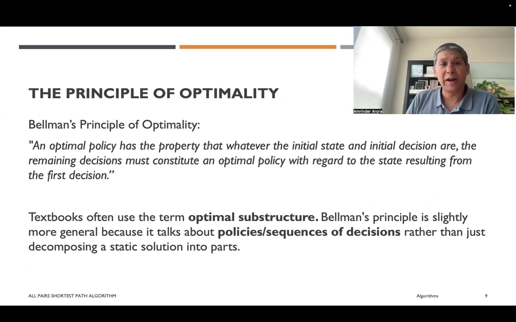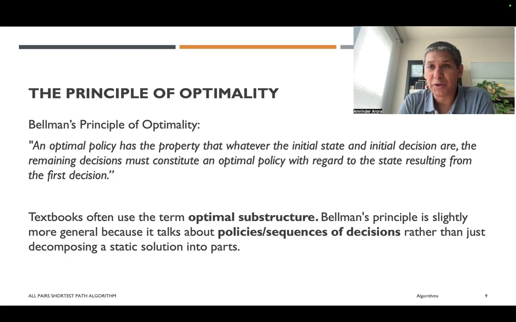And I'll tie it back to the principle of optimality here. Bellman's principle of optimality from his 1957 book says that the optimal policy has a property where you have the initial state, the initial decision, then your remaining decisions should constitute the optimal policy from the state resulting from the first decision. Essentially, you take the first decision, you go to that point, and then you continue to follow the optimal policy beyond that point.